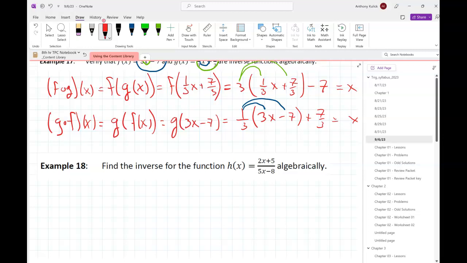So that's the first piece. That's what I'd want to notice about this right away. So my first step, finding the inverse, I'm going to replace the function notation with y equals. And now I want to get the x by itself. But which x?